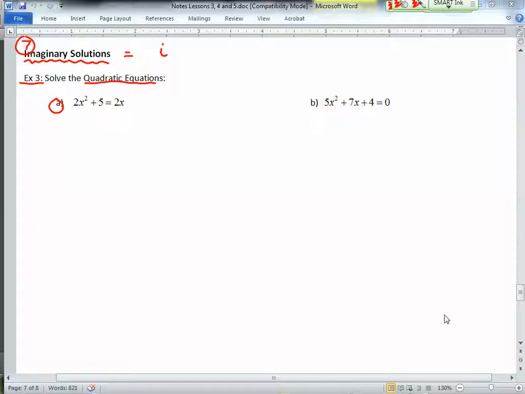Right? So basic process. Number 1, I need to get it into standard form. To do that, what would I do, Morgan, to get that into standard form? We're on page 7.